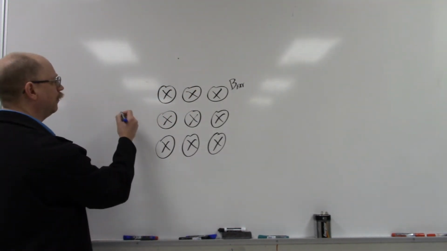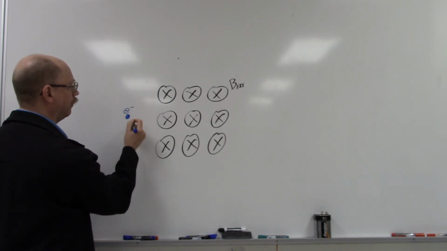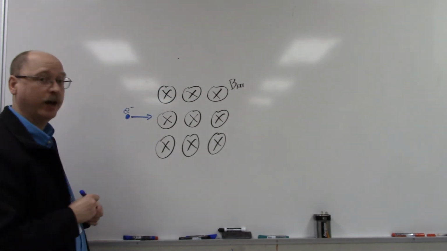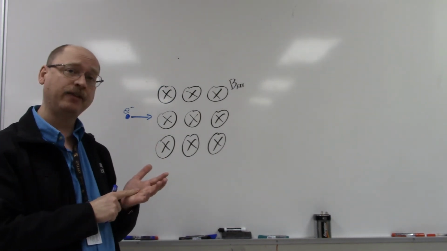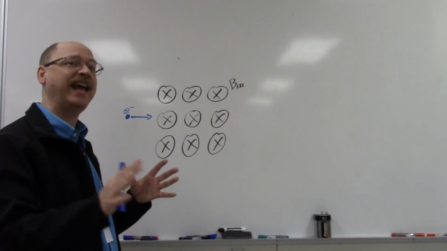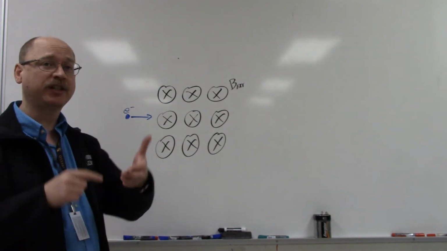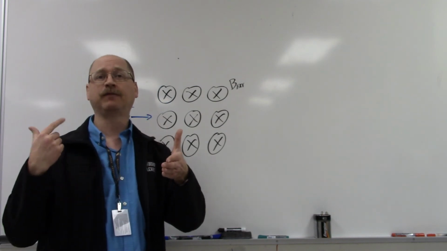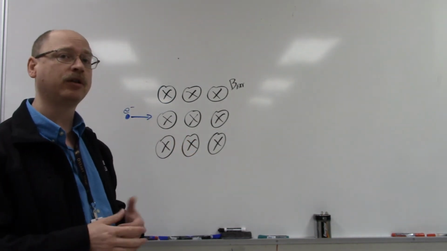What I'm going to do is I'm going to say to you, I have an electron, and I'm shooting it that way. There's no wire, okay? I still get to use my left hand though, because my left hand is anything negative that's happening. And I still do all the stuff the same. It's just that instead of my thumb being the direction of the current in the wire, it becomes the direction that a charged particle is moving.